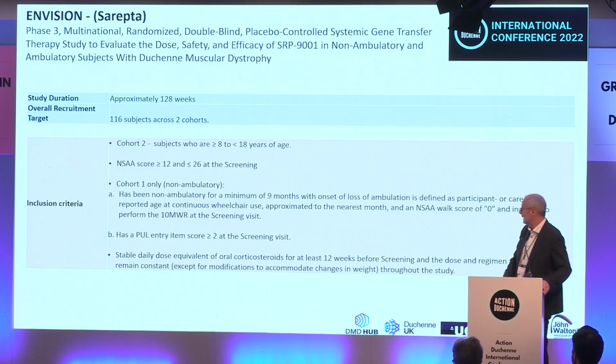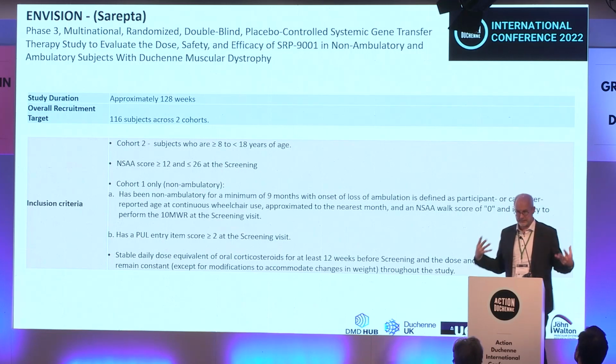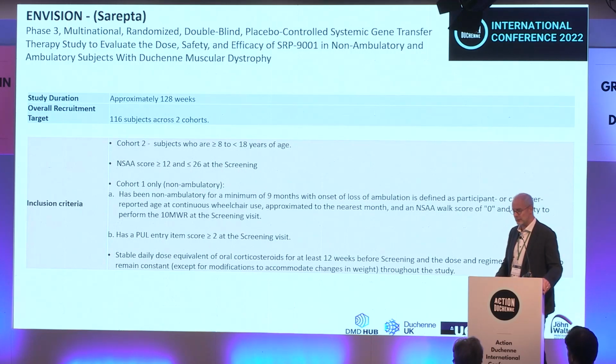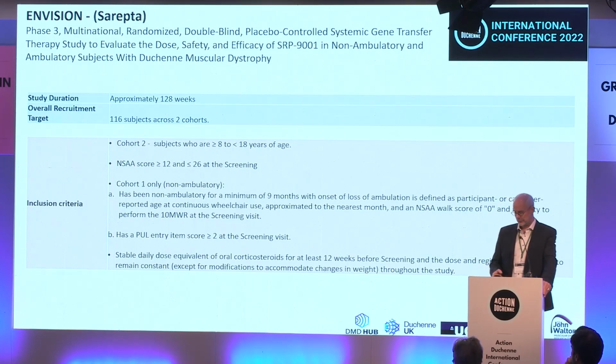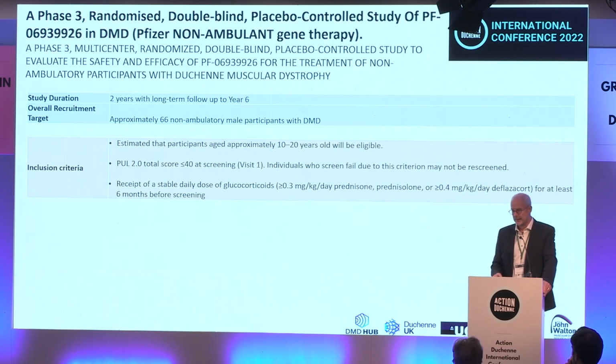So the inclusion criteria are based on the North Star assessment. You can see that the age range is up to 18 years, and particularly the performance of the upper limb will be looked at. So this is hopefully a study that will also come to the UK.